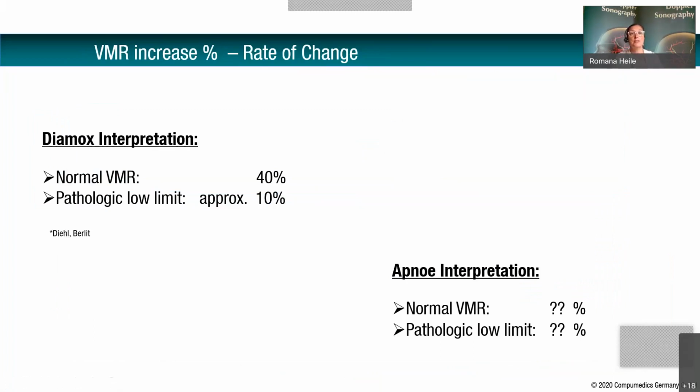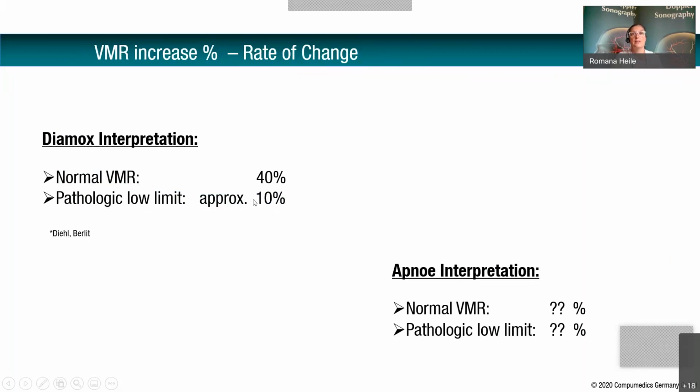Regarding the interpretation for Dymox, I found with DWL and Berlit that normal values should be an increase of about 40%, and a pathologic low limit would be approximately 10 or less than 10.